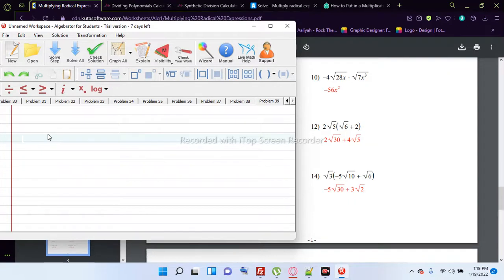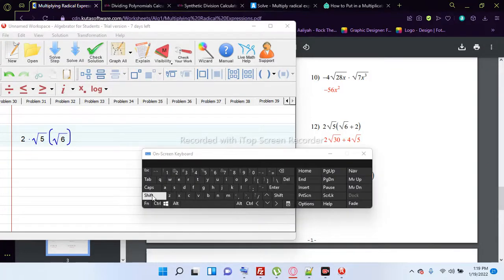Okay, what did you say? 2. Radical 5. What did I say before? Click it right out in front. Okay, parenthesis. Now it's looking correct, just like that, right? Radical 6 here, plus 2.